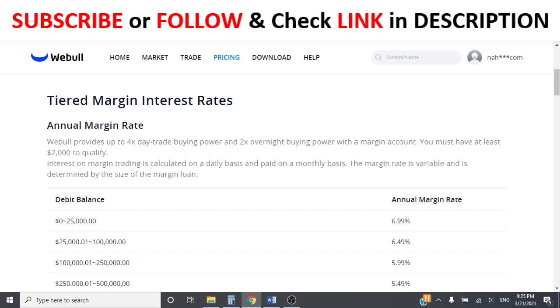And I gotta pay interest on the amount that I borrow. And also, if I lose this 10,000, then I'll owe them 10,000, and that goes for all the brokerages. That's why I don't use it. But I believe it means 4x. So if you have two, you're probably gonna get either 8,000 or 10,000, which means 4 times 2 is 8,000 plus the 2,000 that you put in your account already.